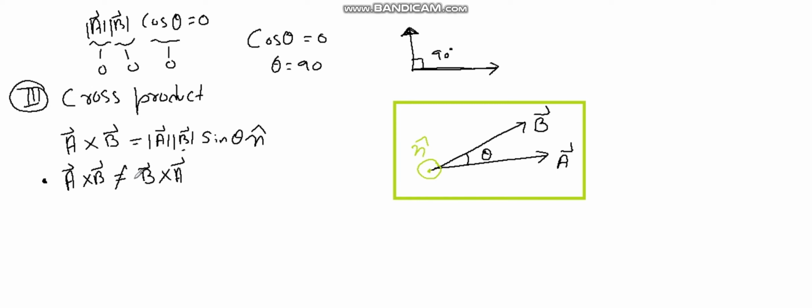But we are not getting that here. Why? Because there is this n cap vector. Changing A cross B to B cross A will change the n vector, I mean the direction of the final vector, because this is going to represent a vector. So the direction of the final vector will not be the same.